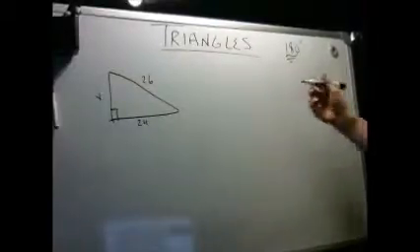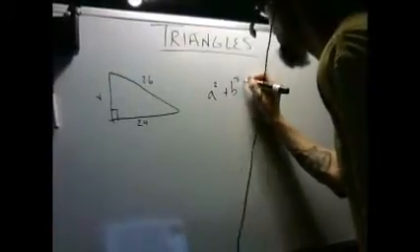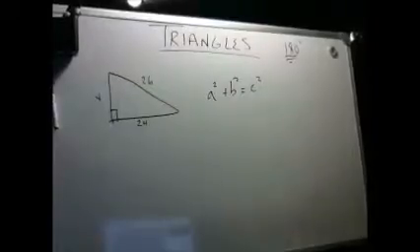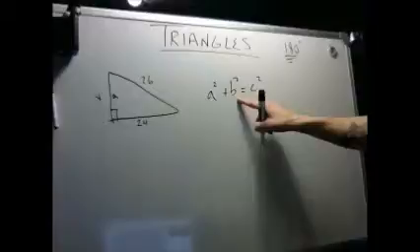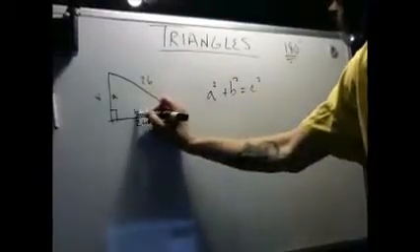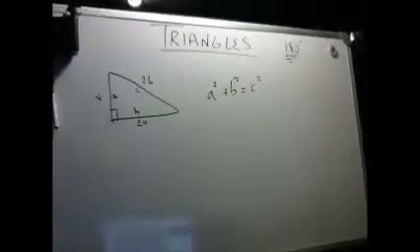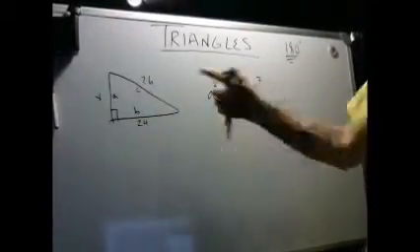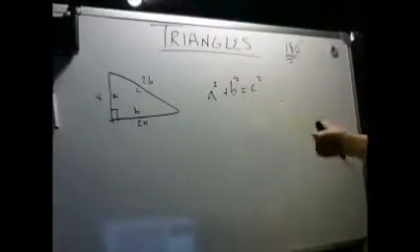Well, we could use the Pythagorean theorem, and that is a squared plus b squared is equal to c squared. Now what that means is that this value here is a, this value is b, and the hypotenuse is always the value c. So anytime you see a triangle and you don't immediately recognize a ratio, this is probably how you're going to solve for a missing side, is using this equation.